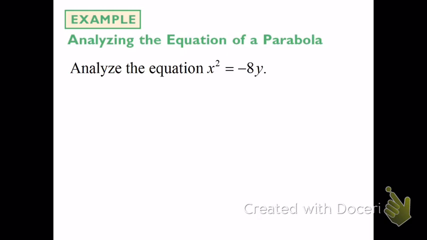So for instance, if we have an equation where x squared is equal to negative 8y, then we're going to have a parabola that opens downward because we have a negative in front of the 4a multiplier. The a is obviously going to be 2, and we can find all the key features then if we know what a is, and graph the parabola. I'm going to leave that one to you.